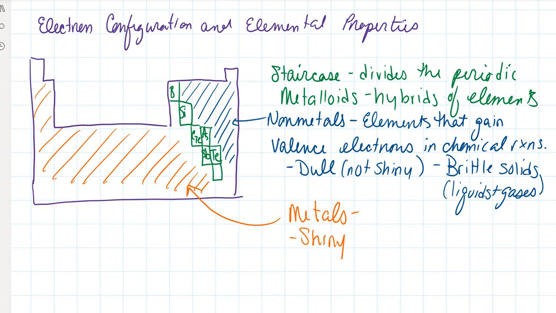We normally see that they're also going to be pretty hard. They're going to be hard and solid, and they can take a little bit of abuse versus the brittle solids of our nonmetals. We'll also see that these elements lose valence electrons in chemical reactions.